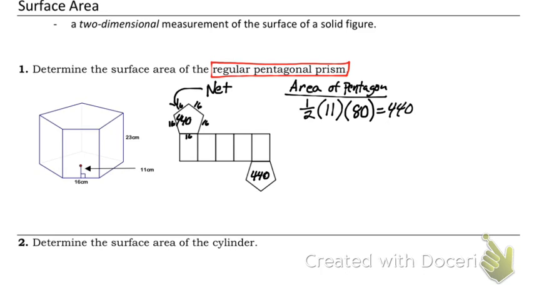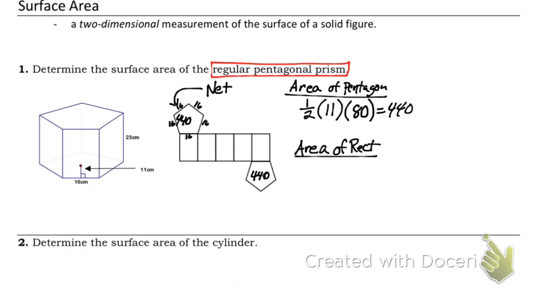Now I just need to know that each of these rectangles is the exact same thing, and a rectangle is base times height. So the area of my rectangle is just base times height. Well, that's just going to be 16 times that 23, because each of these sections is 16, and our height is 23.